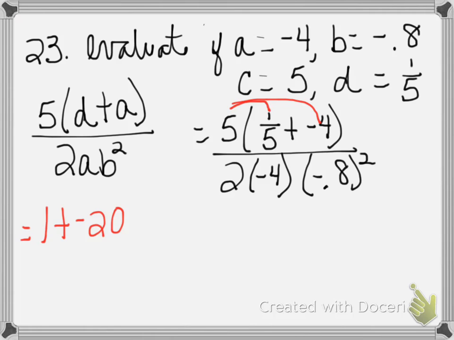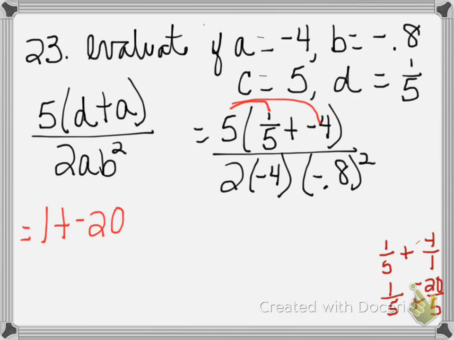You could have gotten a common denominator of 5. And you get negative 19 over 5, you still have a fraction.